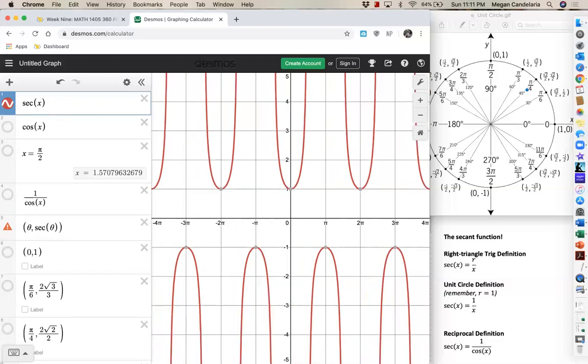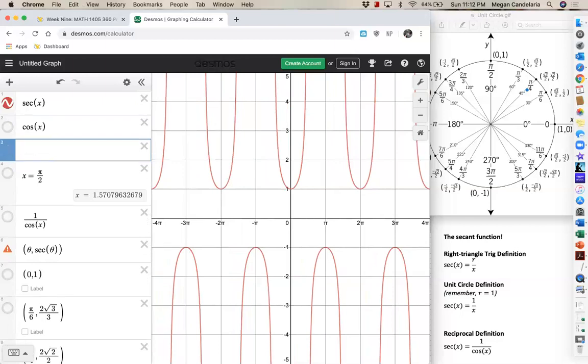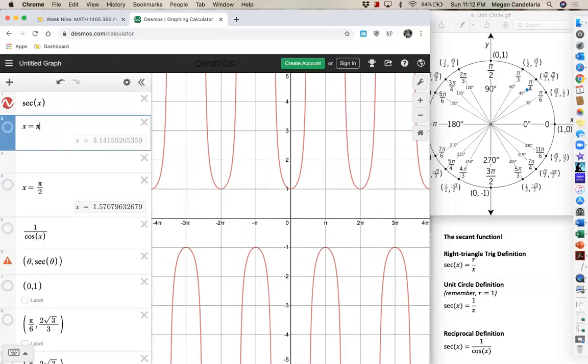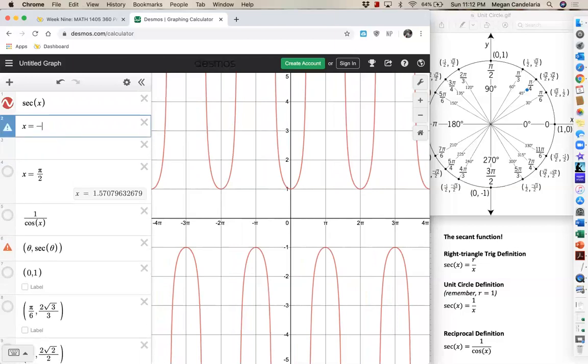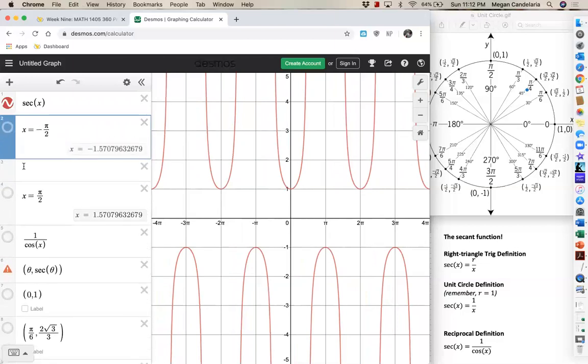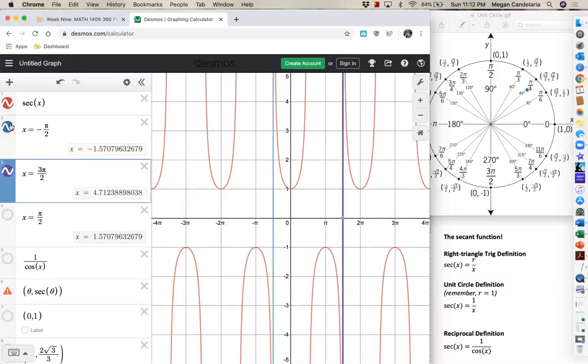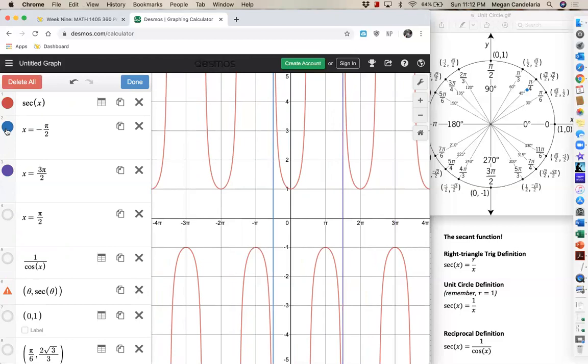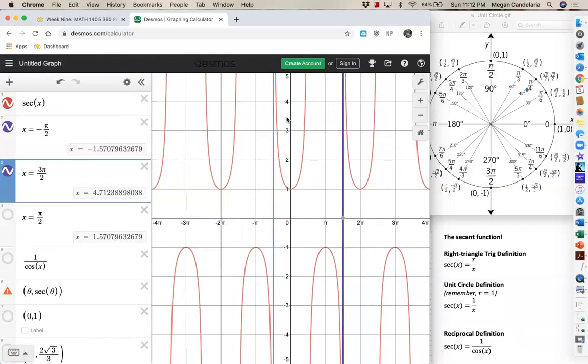Okay, the last thing we can do is mess around with our period. So one way to think about our original period is it goes between x equals negative pi over 2 and x equals 3 pi over 2. So there's our original period. Inside there's one set of the up U curve and the down U curve.